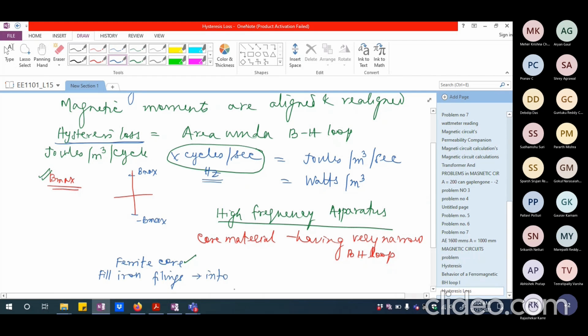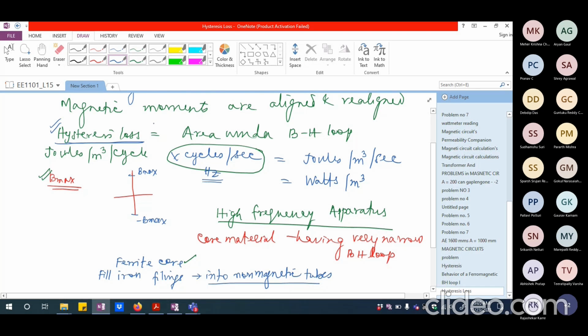You can have a fiberglass tube or something like that, put it into these non-magnetic tubes and then use them as your core material around which you wind the windings of the transformer or the electrical machine. So this is what is done generally whenever we want to reduce the hysteresis loss in an electrical machine.